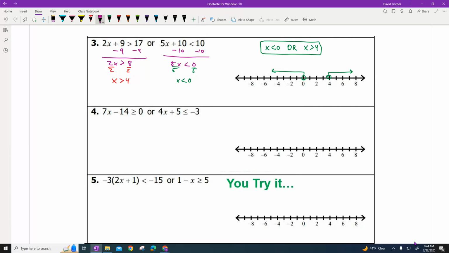All right, let's get rid of that 14. Get rid of that 7. Let's go solve the other one.